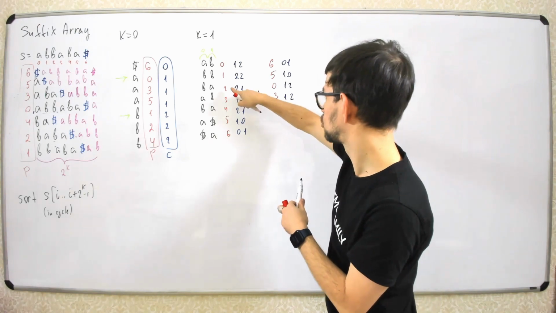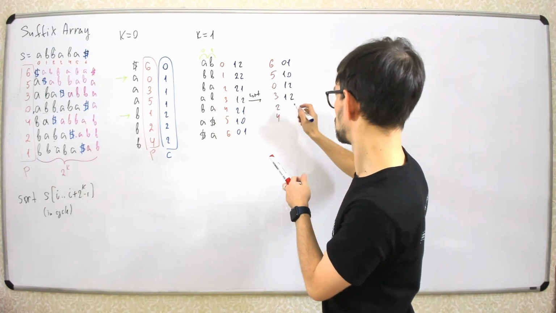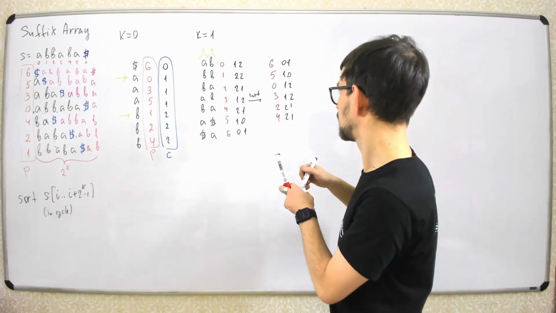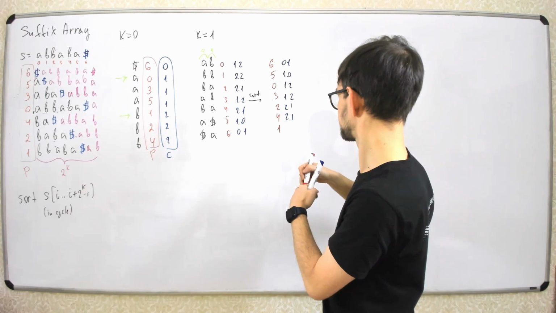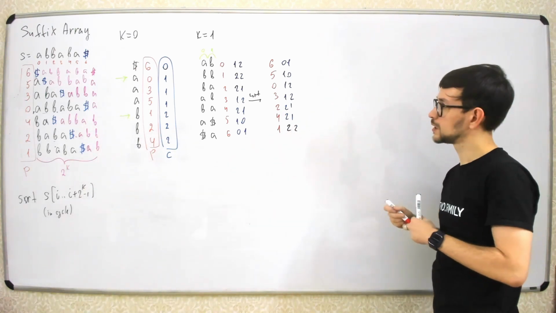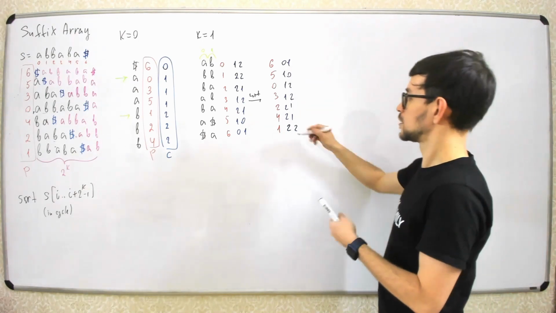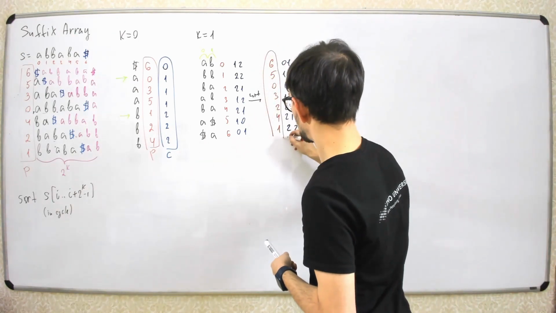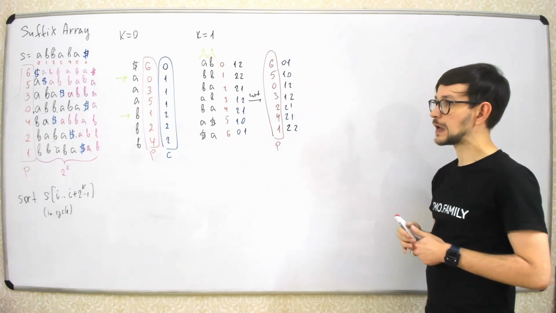Now 2 and 4, you have 2, 1, 2, 1. And finally in position 1, you have 2, 2. So we just sorted all the strings of size 2. So this will be the array P in iteration 1.